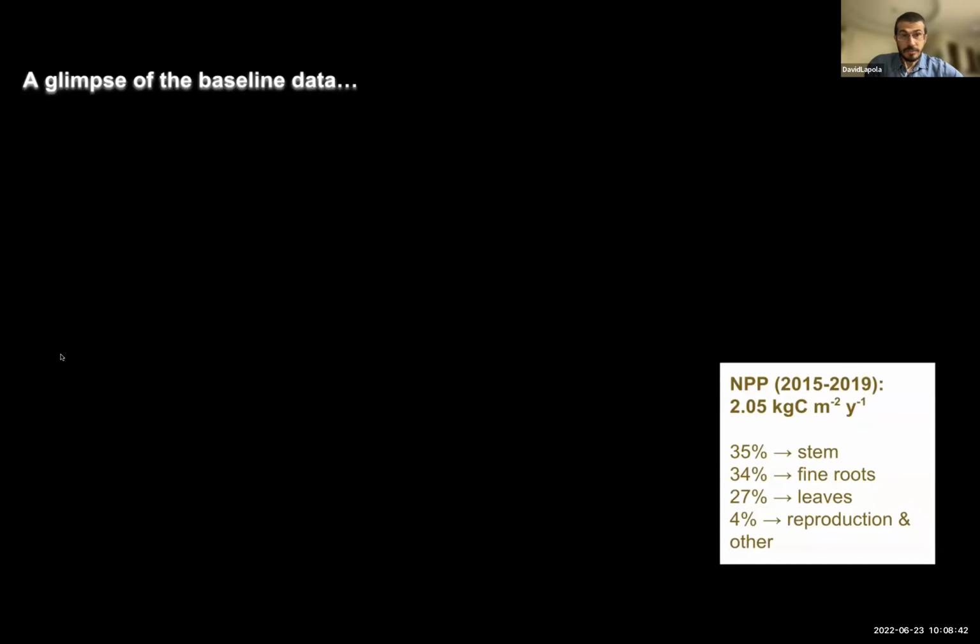Of course, if I would talk to you about baseline data, I should talk about basic stuff to describe the ecosystem we have there, which is a tropical forest. You see a figure there on the estimated NPP from a few years of the baseline measurement, thanks to Rich Norby, again, because he's been working this data as well.